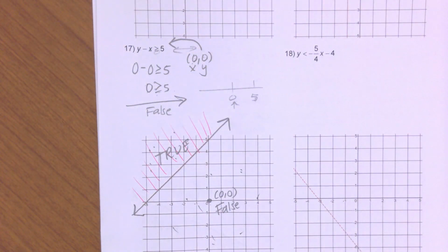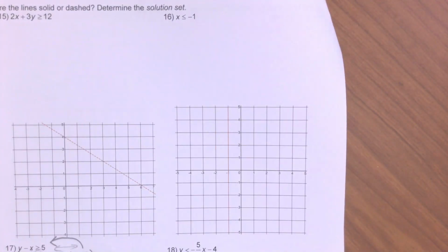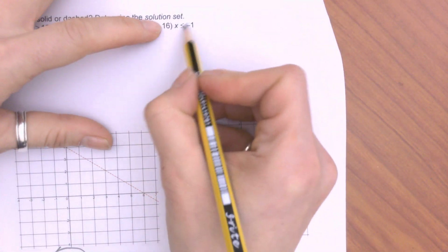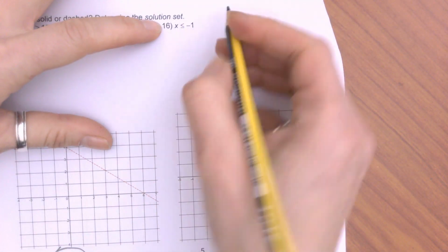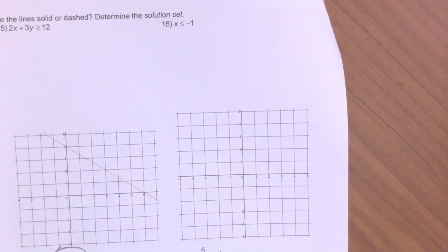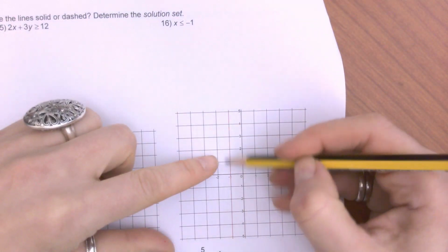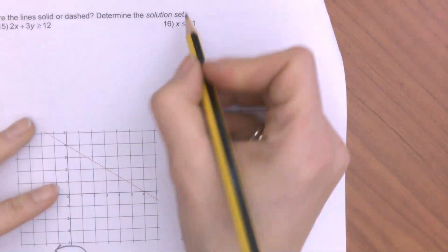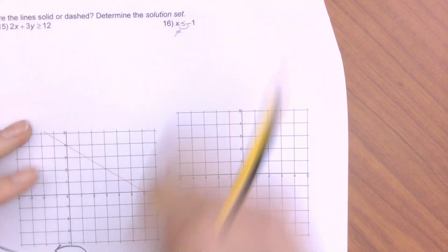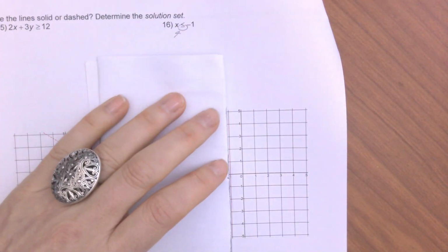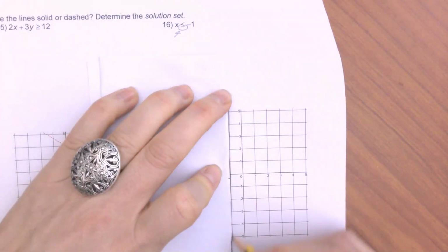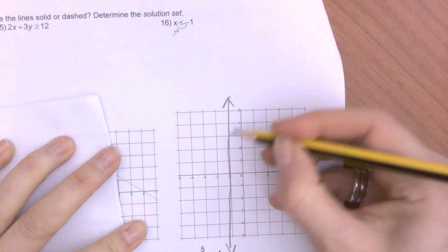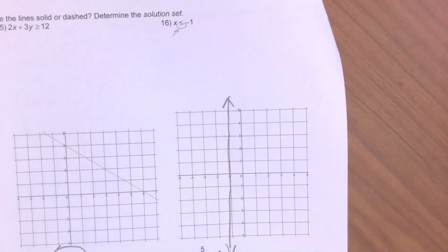Okay? Let's do number 16. Last one. It looks different. Oh look, it's a vertical line. It's a vertical line. Because it has an equal sign, that means this is going to be a solid line, and we are going to include this boundary line in the solution set.